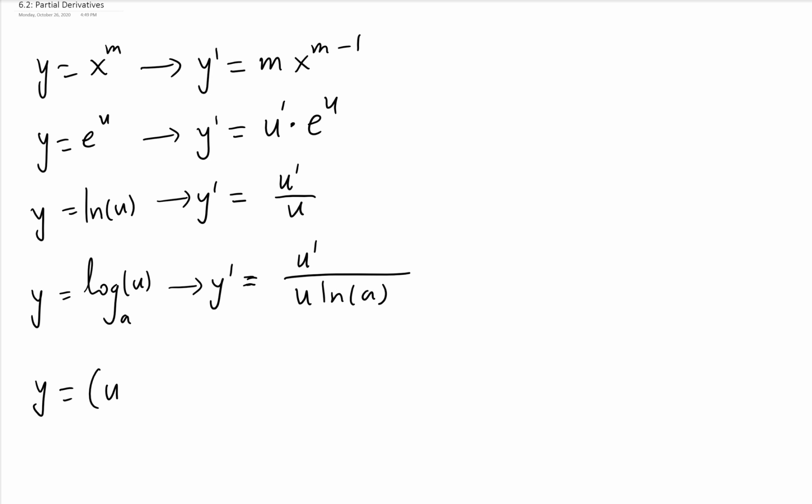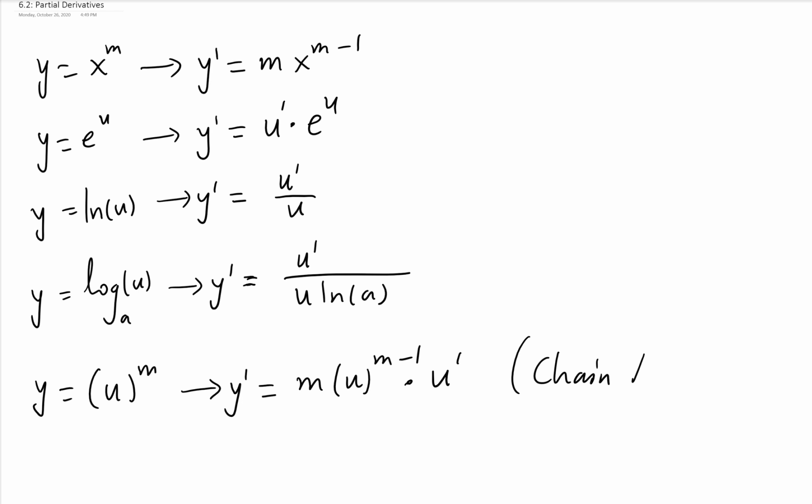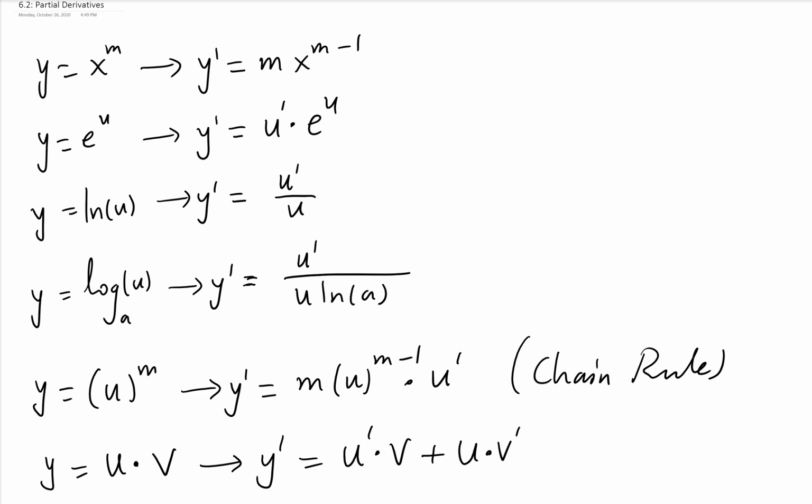If we have u to the m, y prime is m u to the m minus 1 times u prime by the chain rule. If y equals u times v, two functions, we use the product rule: u prime times v plus u times v prime.